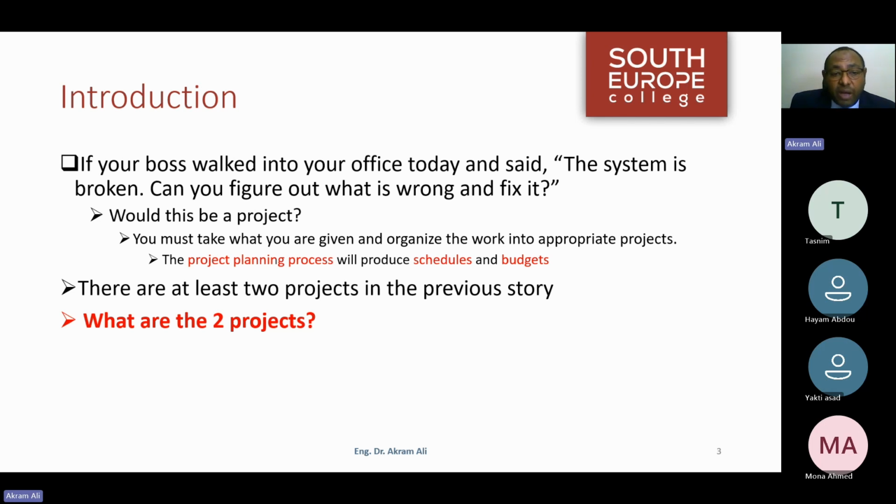So you need to have a project for figuring out what's wrong, and you need another project for fixing it. So you cannot progress into project scheduling and planning without clear definition of your project.